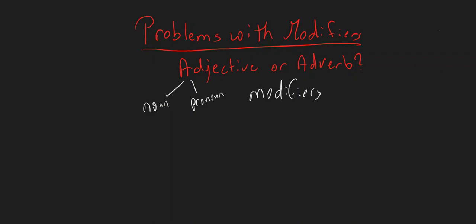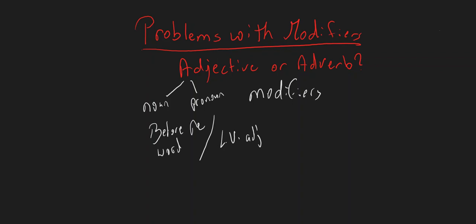And their location is usually before the word it modifies. And sometimes it comes after the word it modifies in the case of linking verbs. So it usually follows a linking verb, right? And after that you have an adjective.